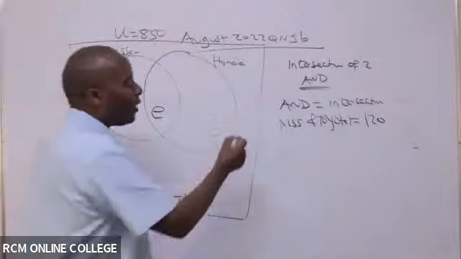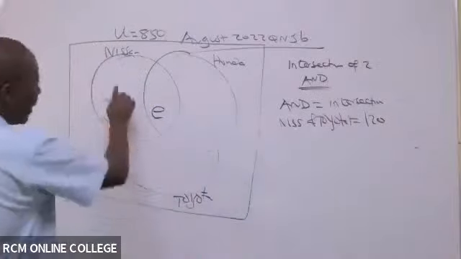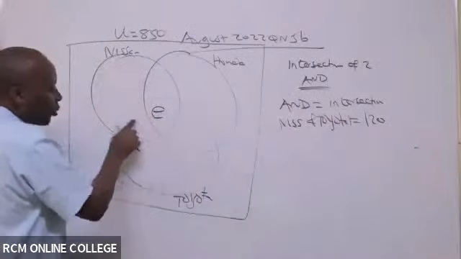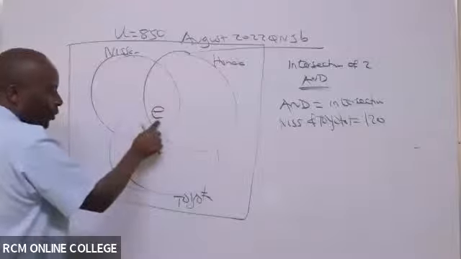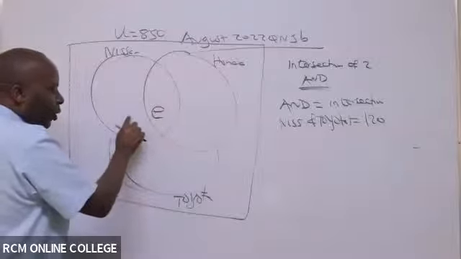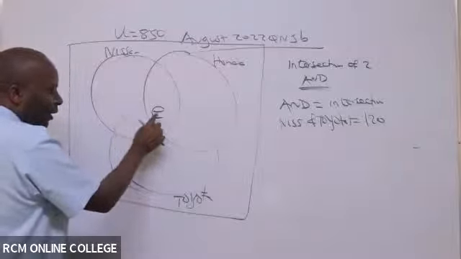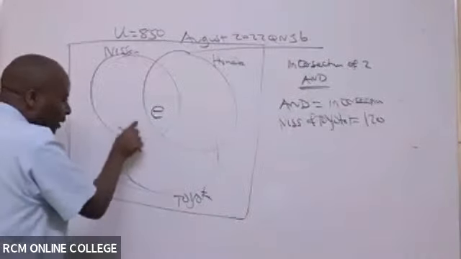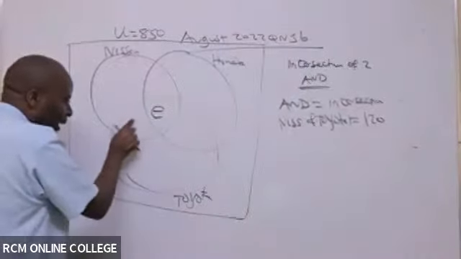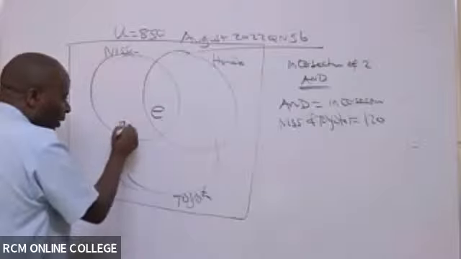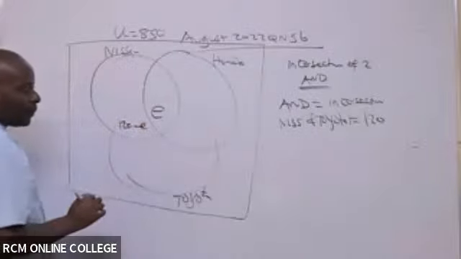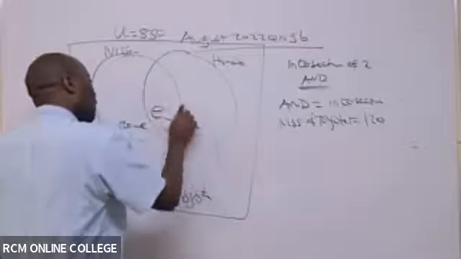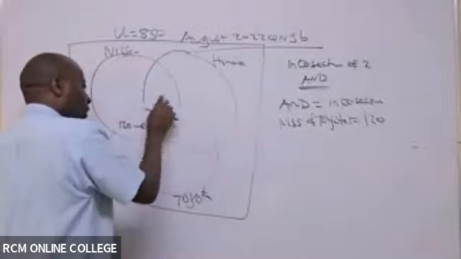So where we have Nissan and Toyota, these are the two intersections. If you add this and this, you get 120, so I can get this small intersection here. This part here will be 120 minus E, because the total intersection of Nissan and the Toyota is 120.